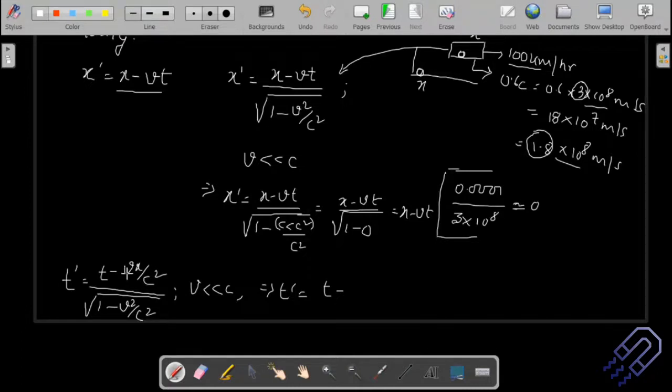V is already very low and it is divided by c square. C square is very high because it will be 9 into 10 to the power 16, because it's a square term. So that means this will be almost very close to 0. So it is t minus 0 divided by root over 1 minus again 0, same logic as above. This is t, which is nothing but the Galilean transformation.